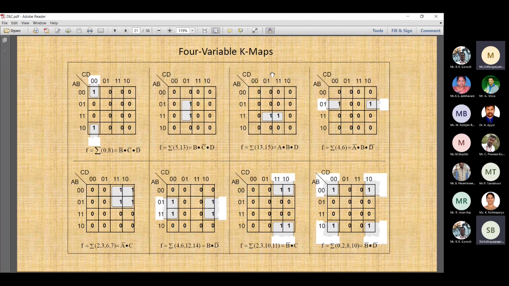The same thing here is D. The D variable has the same value 1 1, a common term, so that D should be written here, right? So here 1 1 is there, AB should be written. So you should check the common term which you have. In these two cases, the last two terms, D is common, right? So that is written D bar.